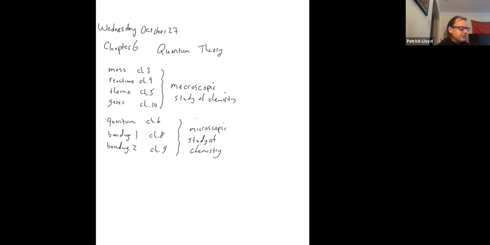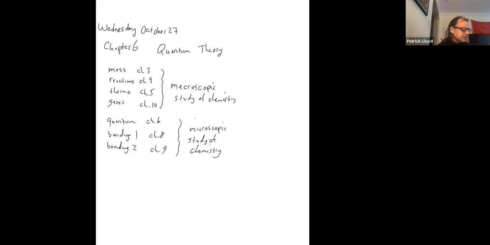But when we come into this idea of the microscopic study of chemistry, what we're going to talk about over the rest of the course is really only 120 years old, 130 years old at most, right? So that's a pretty small fraction. That's about 0.1% of the time that humans have been studying the universe that this information has been elucidated.